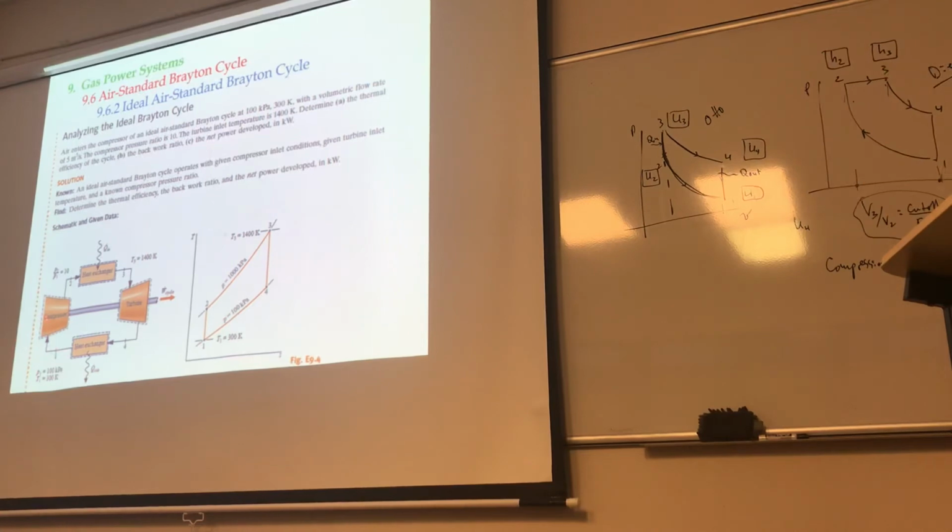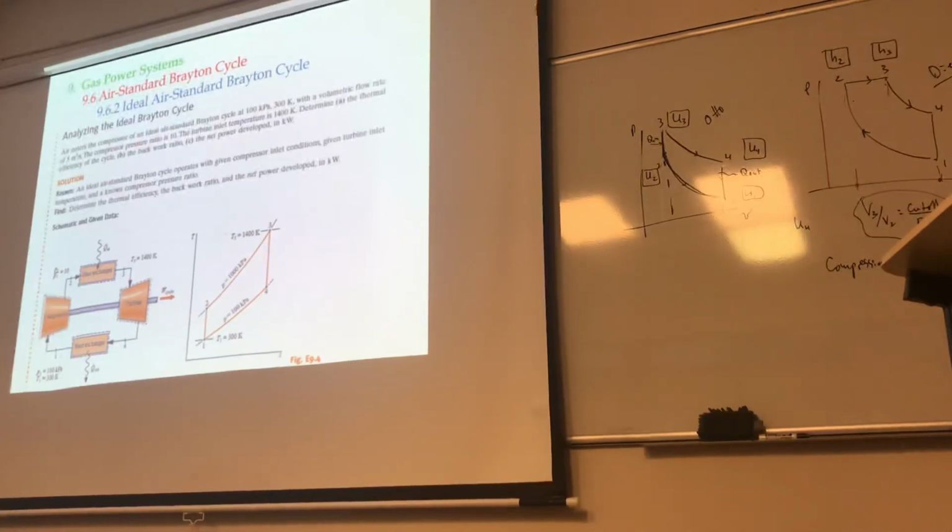State 1 is the entrance to the compressor, right? And remember, for the vapor power cycle, state 1 is the entrance to the turbine, okay? So always think about this as the opposite one, right? And you always go in a clockwise direction.